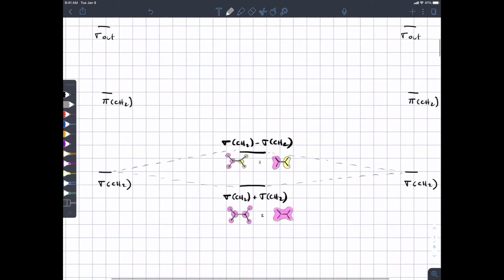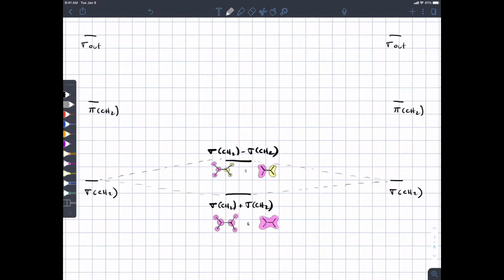All right. So let's now combine the pi CH2s together.